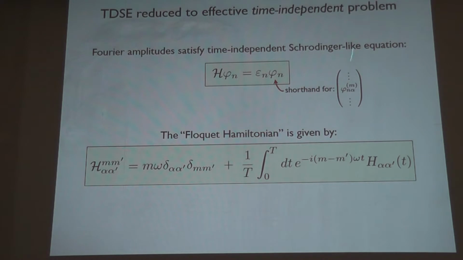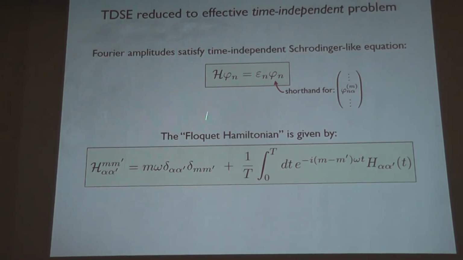This is just an eigenvalue equation with some Hermitian matrix sitting here, and then this really giant vector of Fourier harmonics there. This so-called Floquet Hamiltonian is basically the Fourier transform of the Hamiltonian with some extra piece sitting here.